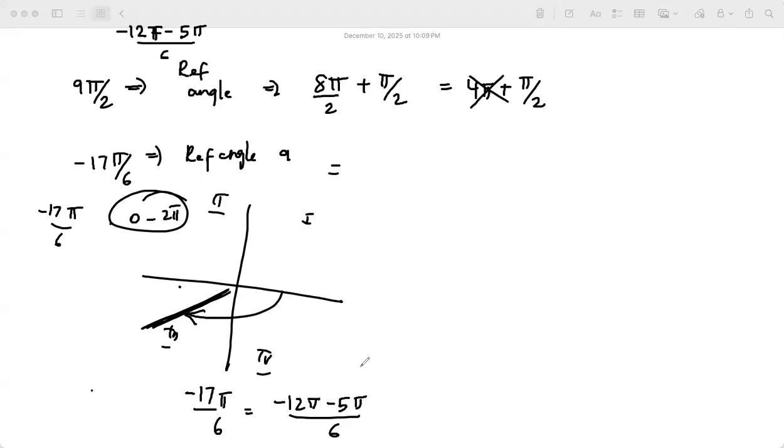Within 0 to 2 pi, what is the coterminal angle for minus 17 pi by 6? Minus 17 pi by 6 is in the negative direction. So what is the coterminal angle?